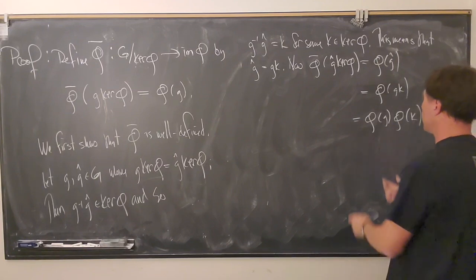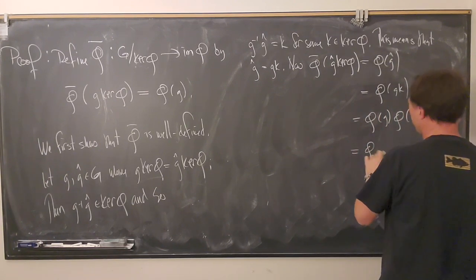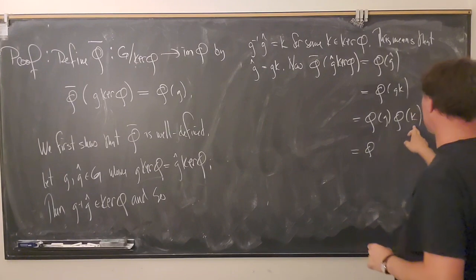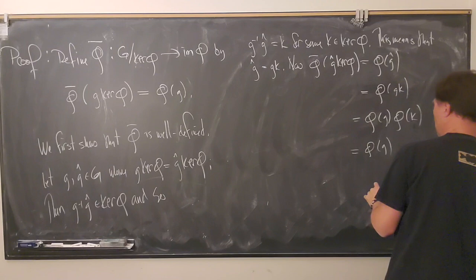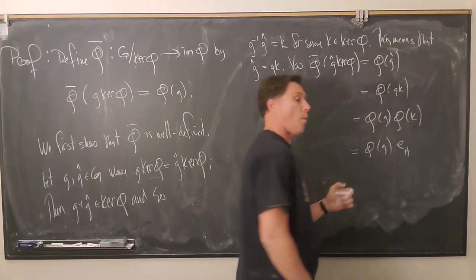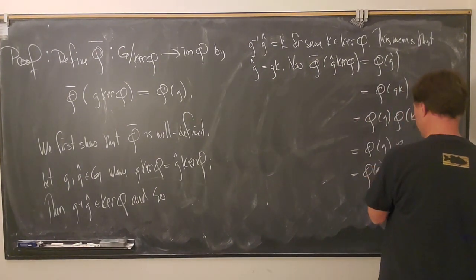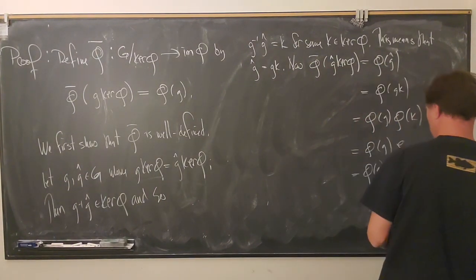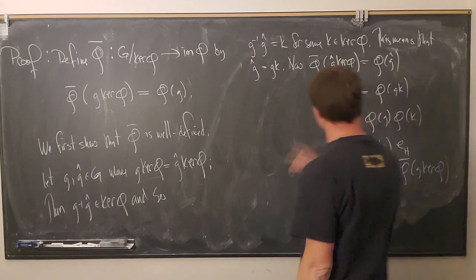What do I know about k? k lives in the kernel, so this is the identity. So this is phi of g times the identity in H, which is equal to phi of g, which is equal to phi bar of g times kernel of phi. All right, so that shows that it's well defined.